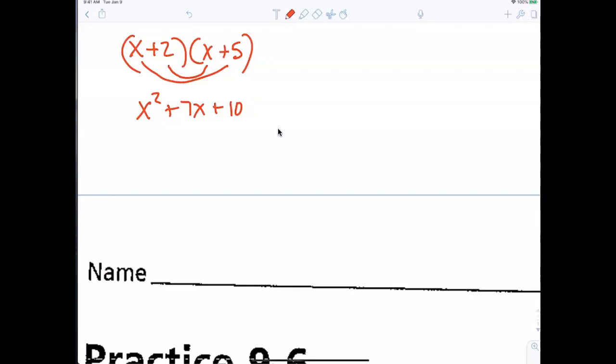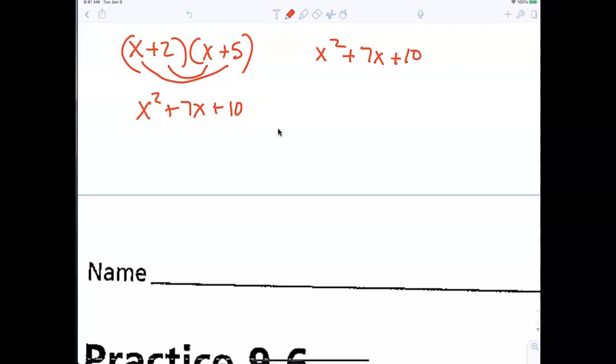Now, factoring, remember, means undoing the multiplication. So I'm going to write something down here: x squared plus 7x plus 10. And I want you to tell me, what are the factors of x squared plus 7x plus 10? Tell me. X plus 2, parentheses x plus 5.